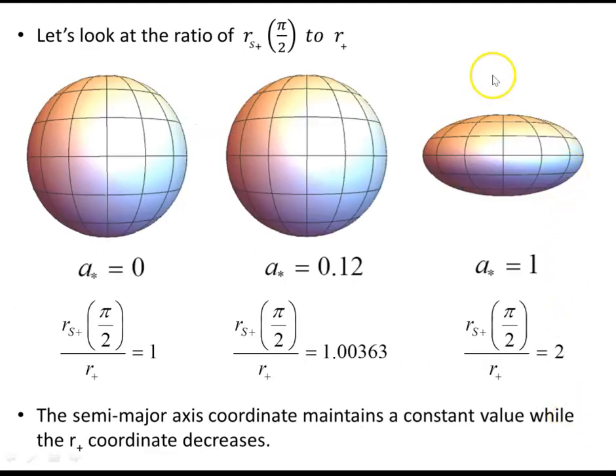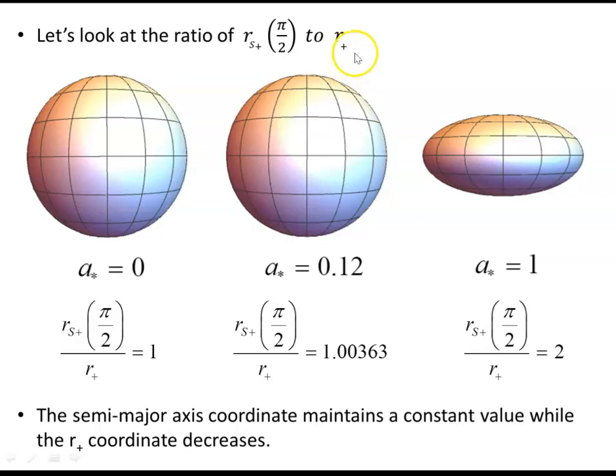All right, so let's look at the ratio of the semi-major axis to the semi-minor axis for different values of spin. Spin 0, no spin at all, so a stationary non-rotating Schwarzschild black hole, and the ratio between these two is 1. We just have a sphere. Introduce a small spin, and the ratio is slightly greater than 1. The semi-major axis starts to be a little bit larger than the semi-minor axis.